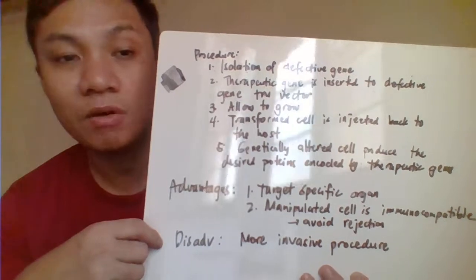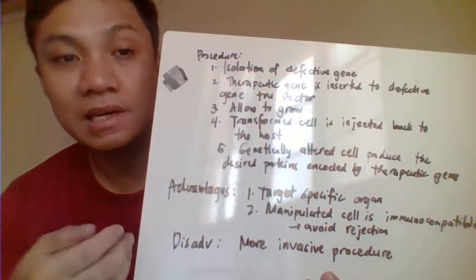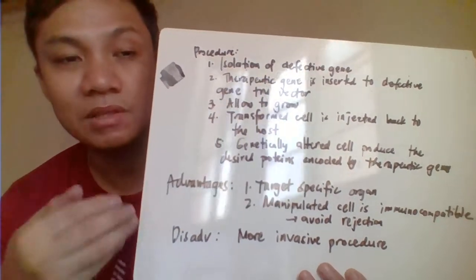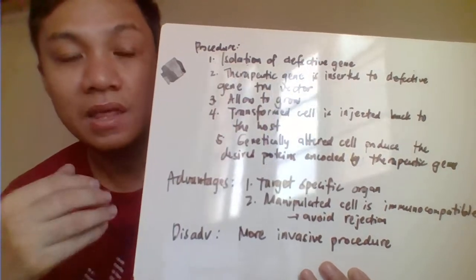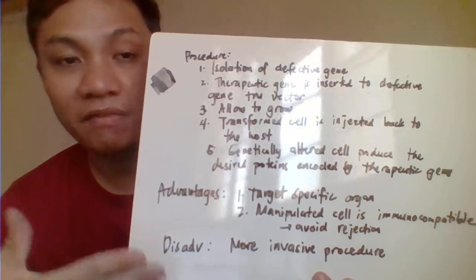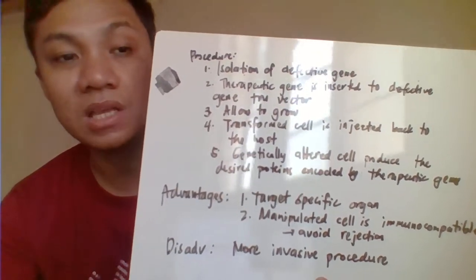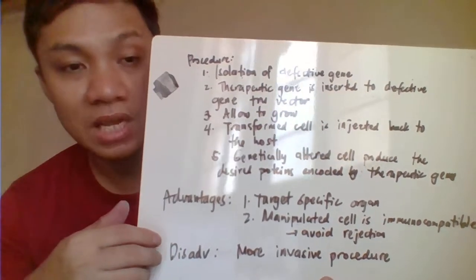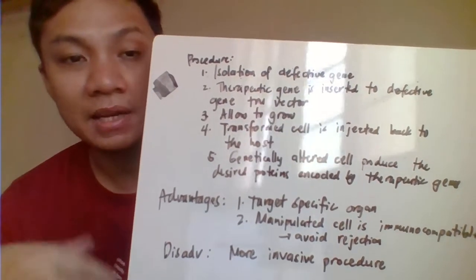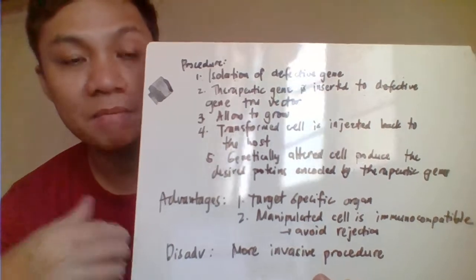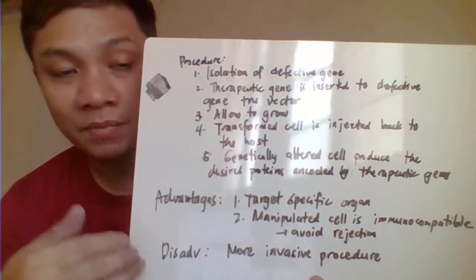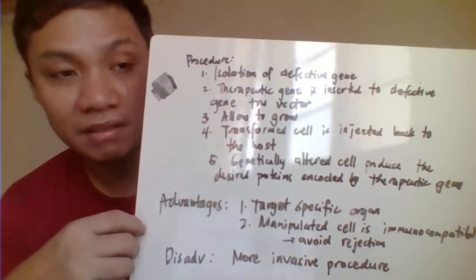So what you need to harvest is only your transformed cells. Transformed means the therapeutic gene coming from your vector has already been inserted in the defective gene from your host and was able to take it up effectively.